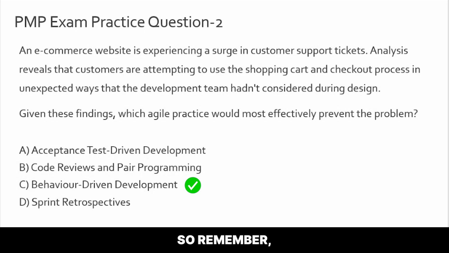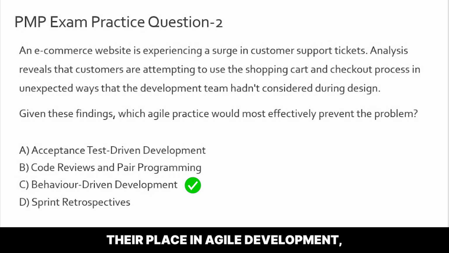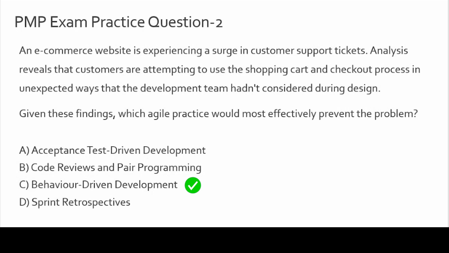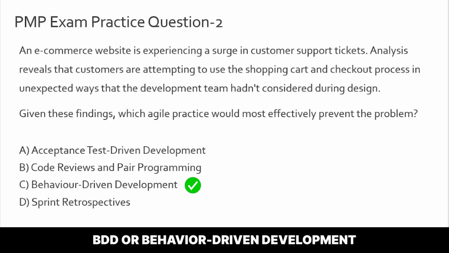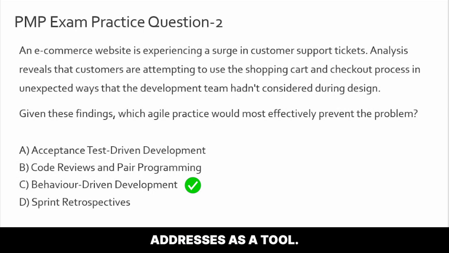Okay, so remember, while all of these practices which you see on screen have their place in agile development, the question here asks specifically about preventing mismatches between the designed functionality and the actual user behavior, and that is precisely what BDD, or behavior driven development, addresses as a tool. So the correct answer to this question is option C.